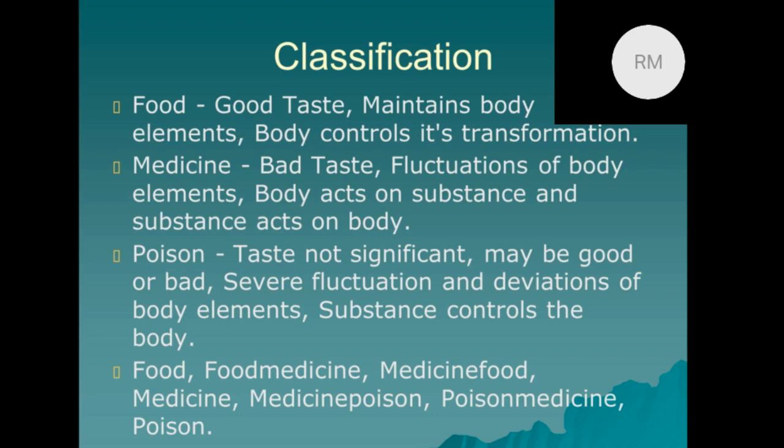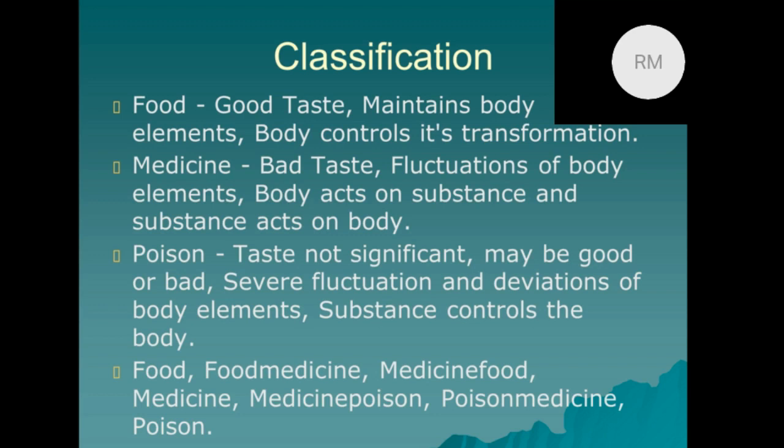So another important concept in Ayurveda is that people adopt different lifestyles. I would appreciate some feedback on whether these concepts are clear so that I can move forward. I hope the classification of food into food, food medicine, and medicine food is clear.